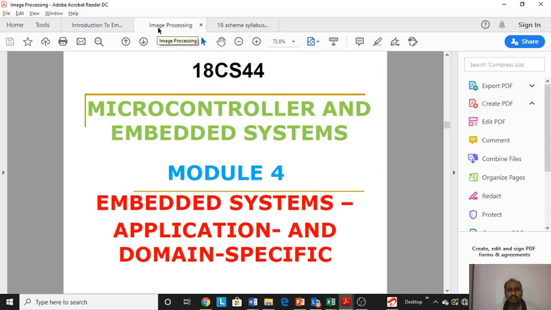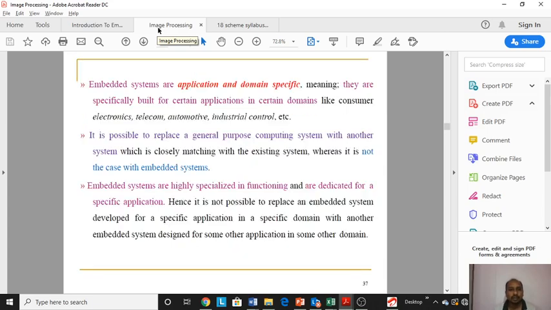Most electronic devices are designed only for a specific purpose, right? Okay, with this aspect, let me go ahead with how it has been used for application and domain specific.